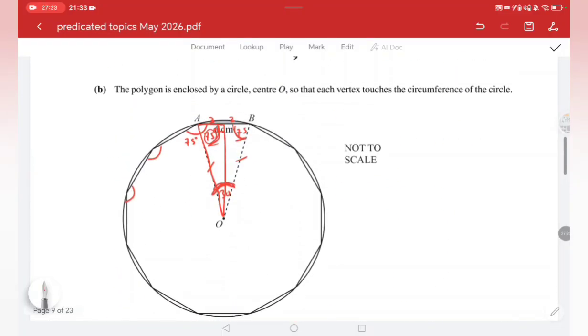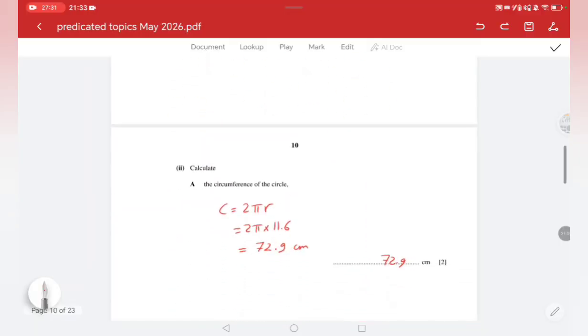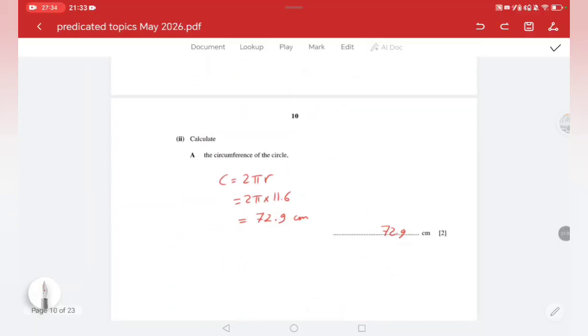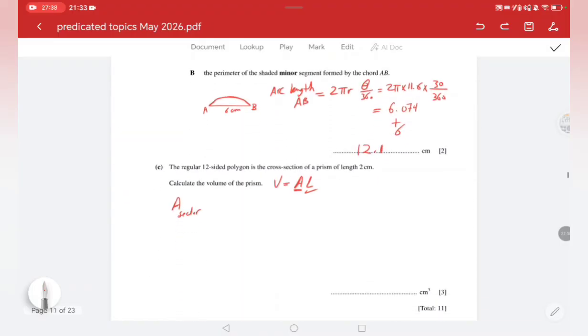Just a second, to be correct, the regular 12-sided polygon is the cross-section area of the prism, so we need to find the cross-section area of the polygon, not the circle.